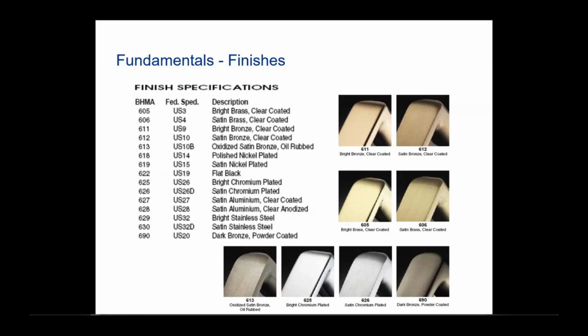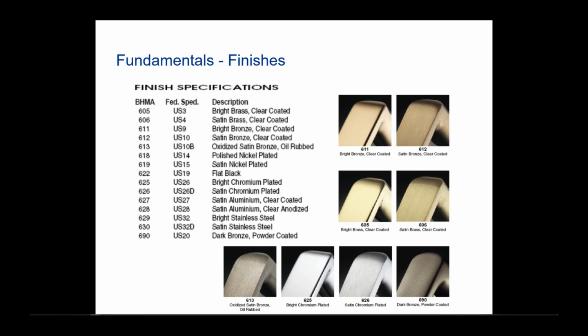Another fundamental, one of the most basic fundamentals, is finishes of product. Finishes, as you can see in this illustration, are defined in two different ways. One is either federal specifications, which is ANSI or American National Standards Institute, or the BHMA.